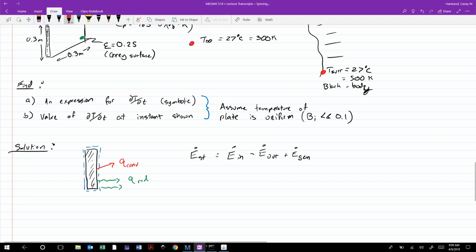Okay, we've got no heat generation. In this case, we're going to say we've got no net heat transfer in. So what we've got is essentially E dot stored is equal to negative Q convection minus Q radiation. All right.